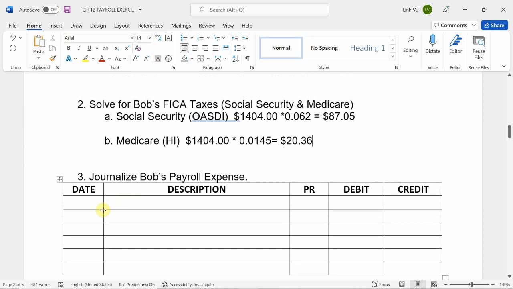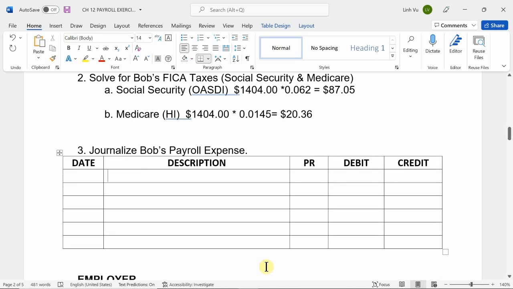Because I need to pay Bob. Social Security, no. First of all, what's the first thing you have to recognize?